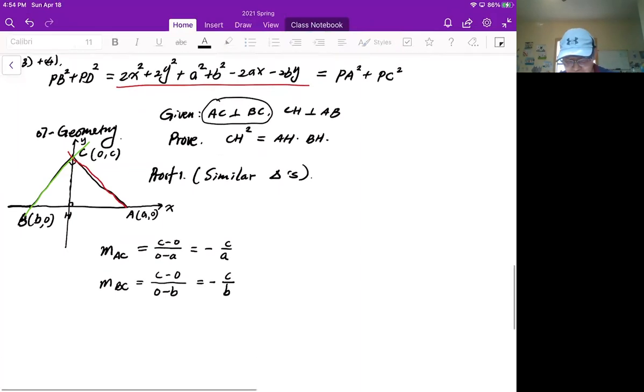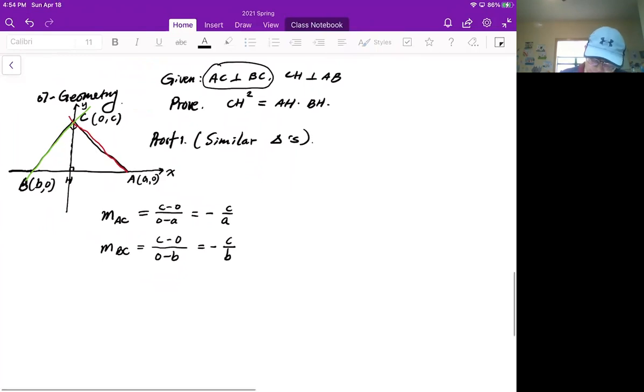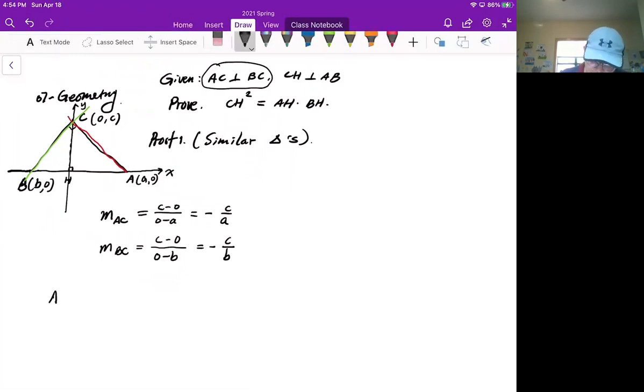So what does that mean? The two of them are perpendicular. So that means AC is perpendicular to BC if and only if m_AC times m_BC is equal to negative 1.